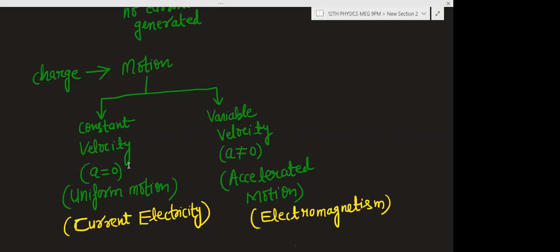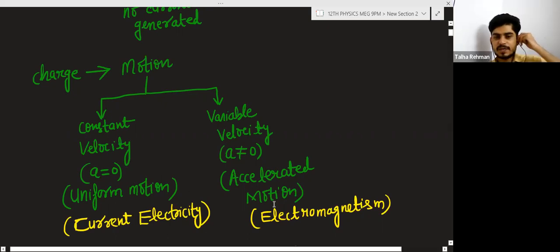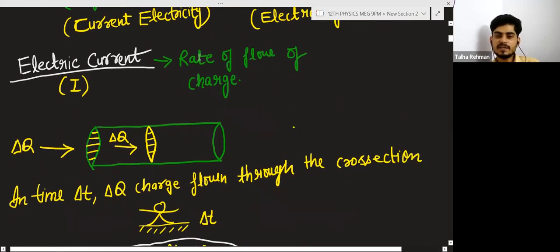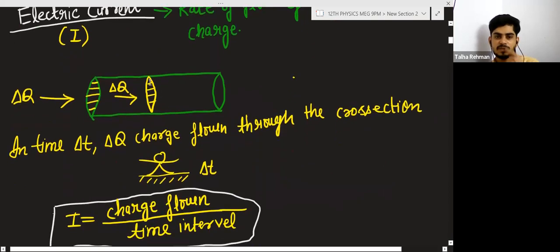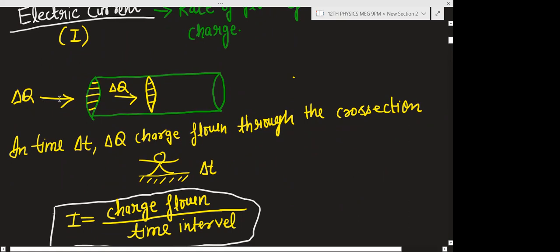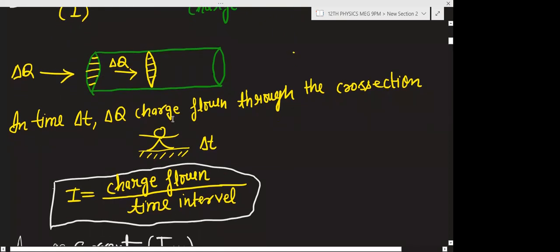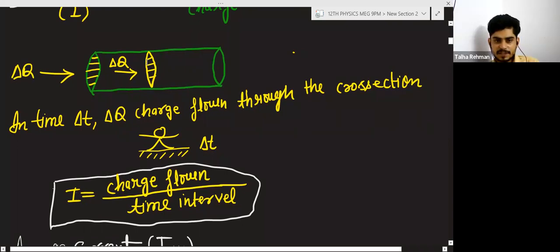After that we have the unit electromagnetism. We will discuss that when we start. The first term is the electric current. Electric current is the rate of flow of charge. Suppose this is a conductor, and a delta Q amount of charge is flowing through this cross section of the conductor. Current is the charge flown divided by the time interval.